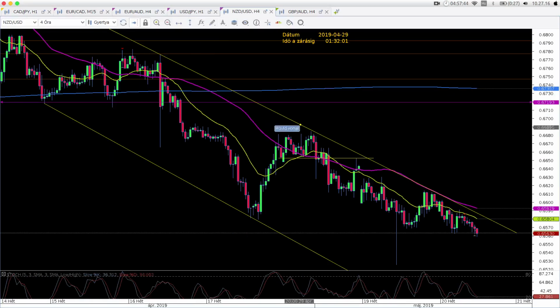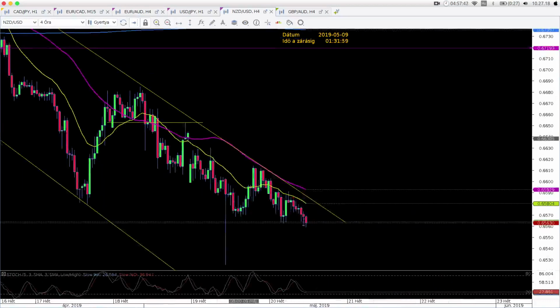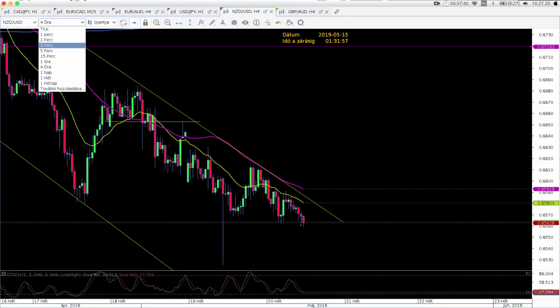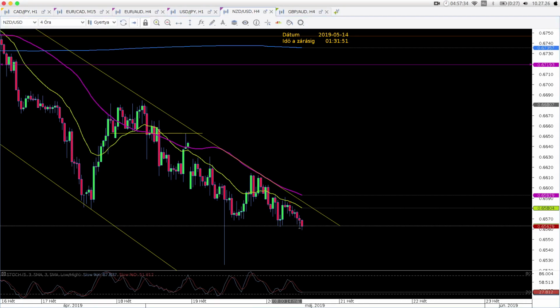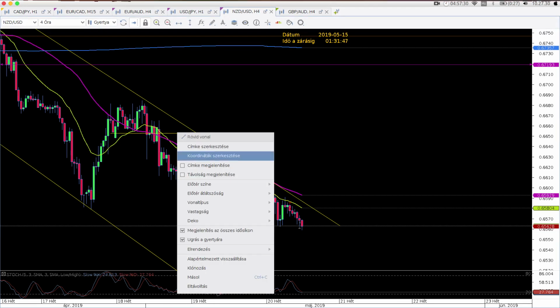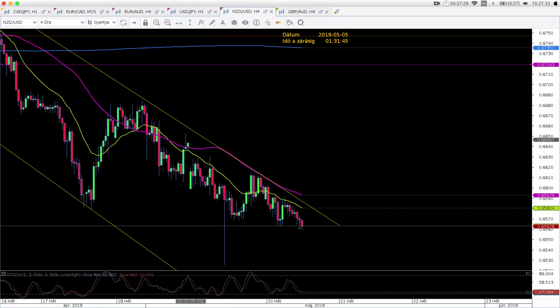And I opened yesterday a sell position on the New Zealand dollar and the US dollar. I tried to follow my trading plan: I am entering a sell position because the SMA and the EMAs are in my favor, which tells me that the price is in a downtrend.